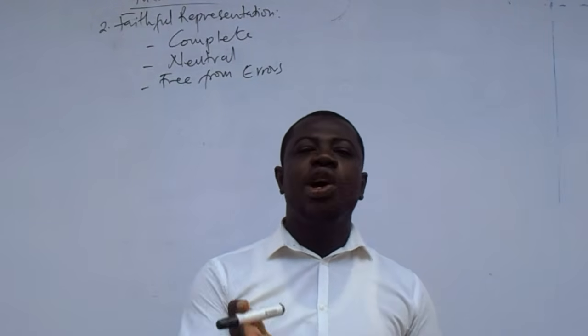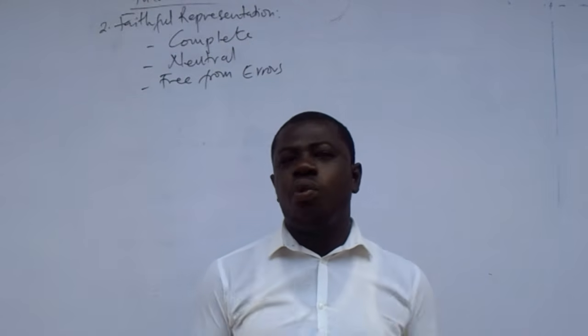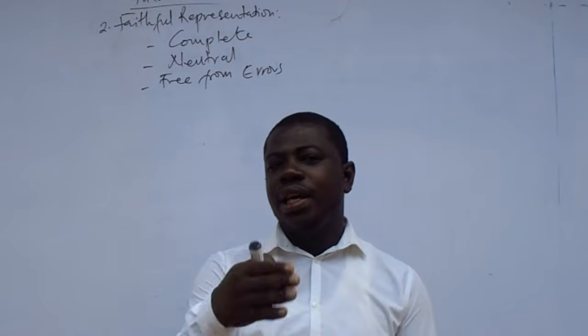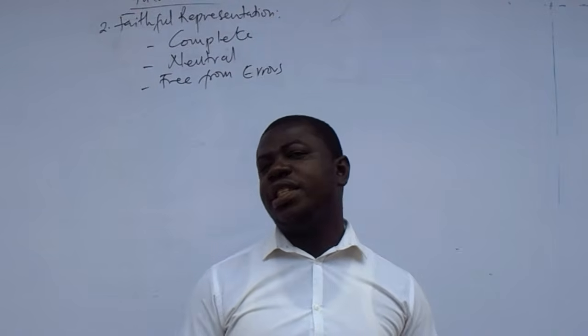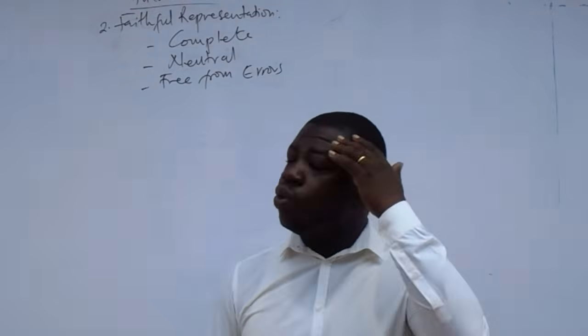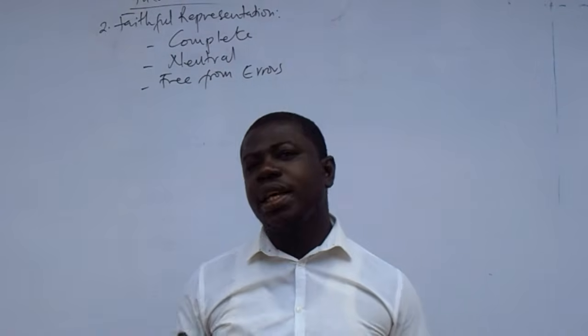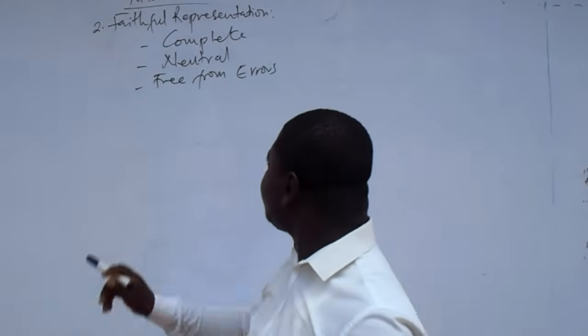And so we decide which ones we think are right to disclose and which ones are not. So once our personal wishes are distorting the things that we put into the financial statement, then we are saying that the financial statement was not neutral. And so once it is not complete and not neutral, then we are not satisfying the quality of faithful representation.